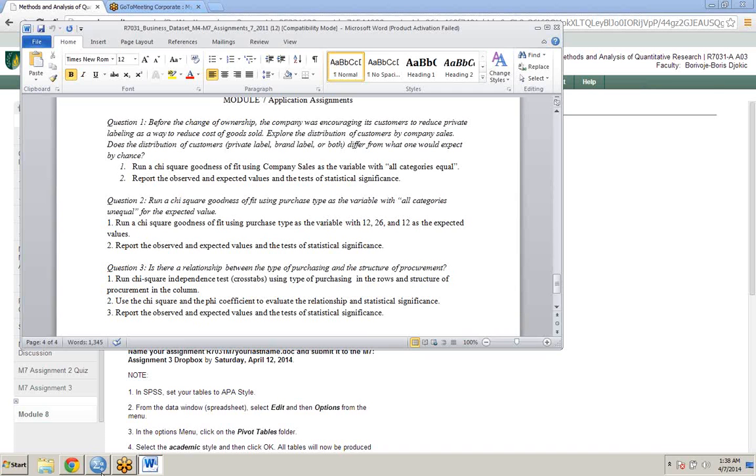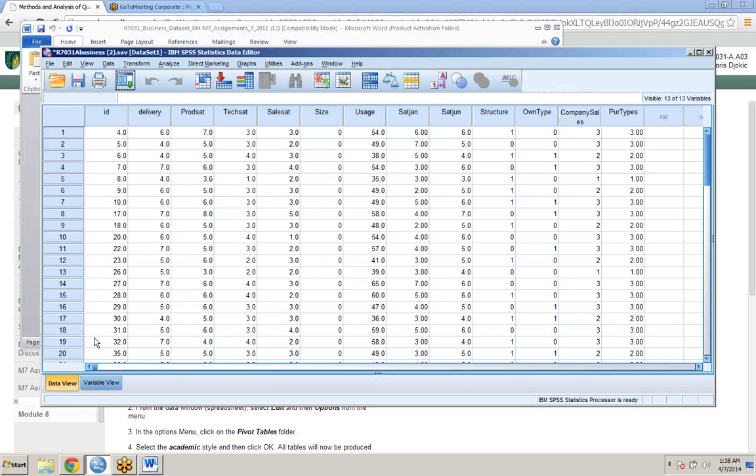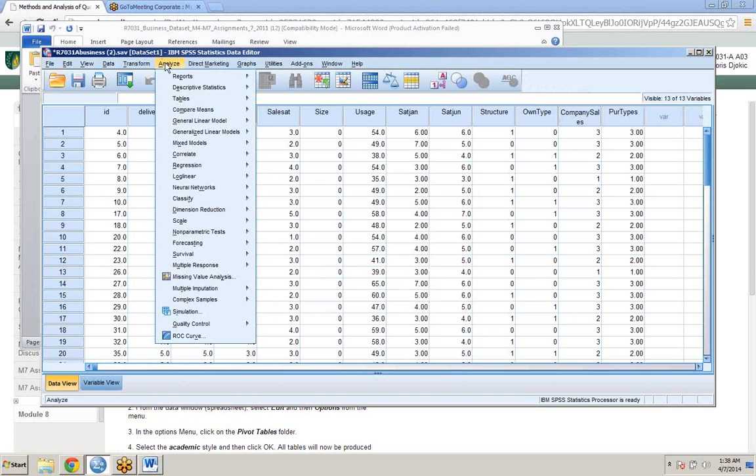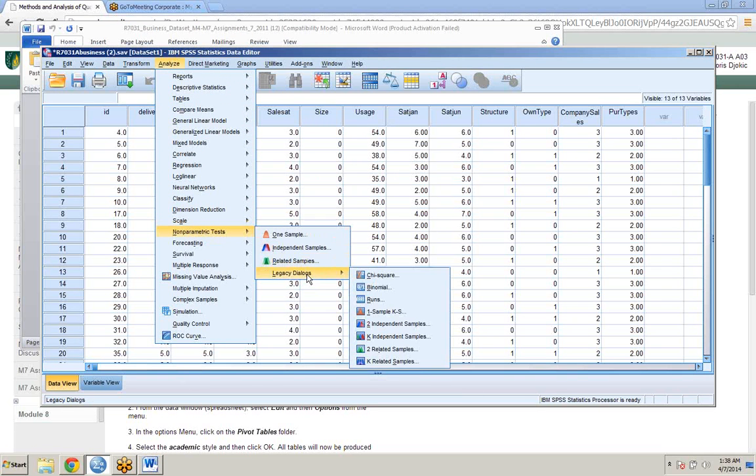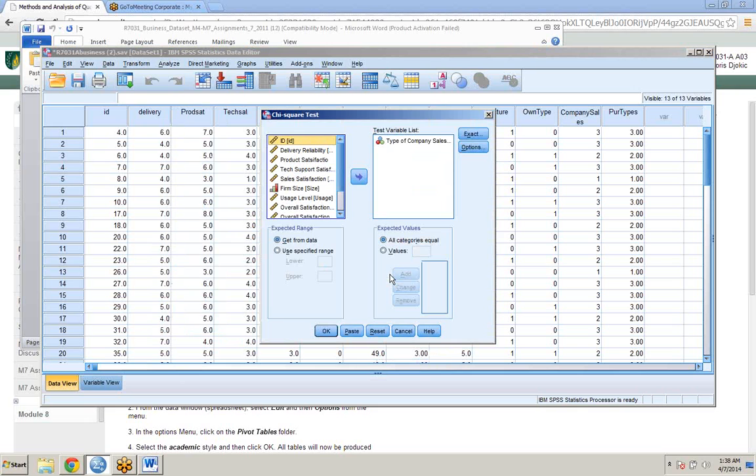Okay, let's go back to the SPSS file. We go to Analyze. We go back to Non-Parametric Tests, Legacy Dialogs, Chi-square, and we need to reset this. And what are the variables that we're including? We have to include the variable purchase type.